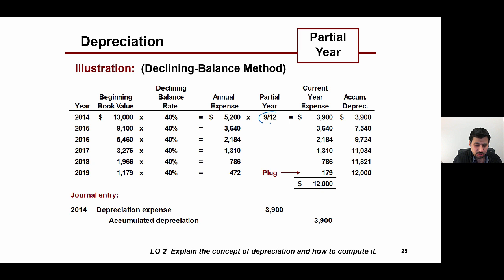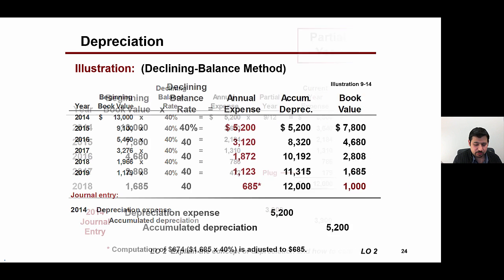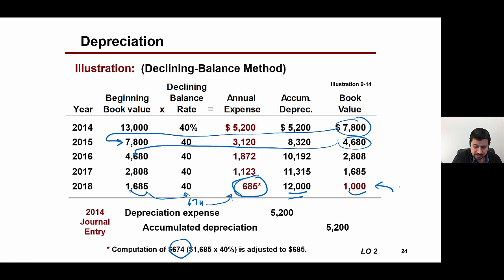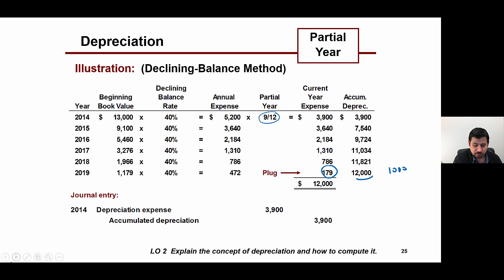Once again, we have here 912, and then in the last year, we plug in the number that is necessary to get to an accumulated depreciation of 12,000, which would give us the new book value of 1,000, which is also the salvage value. So, as you can see from this one here, this is again the salvage value, and here we do the same thing.